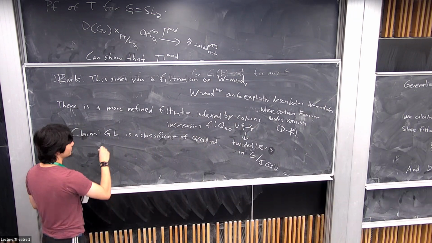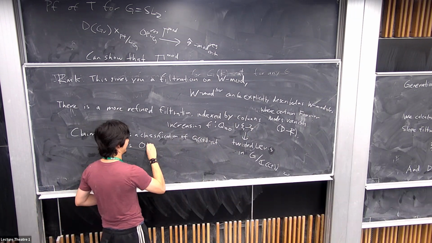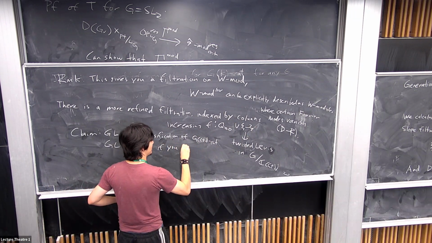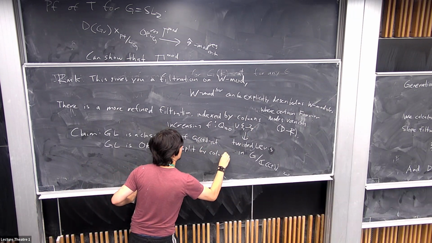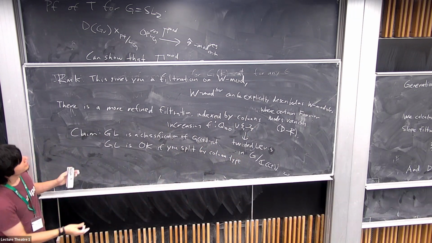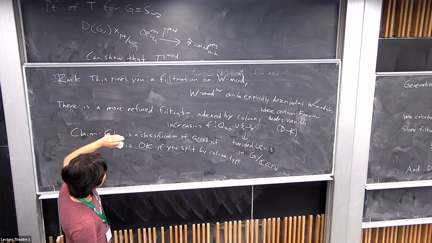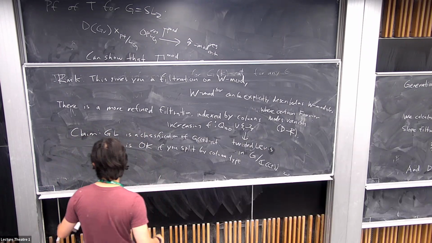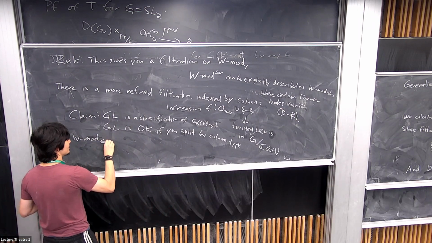So the claim is that GL is okay if you split by column type. And W algebras, as something coming from G hat mod, which you can study via geometric Langlands methods, you can analyze with this. So you get this filtration of W mod, as you're going to see.